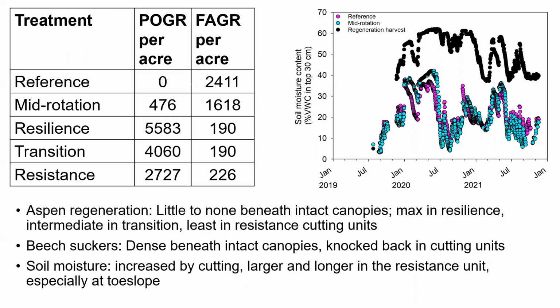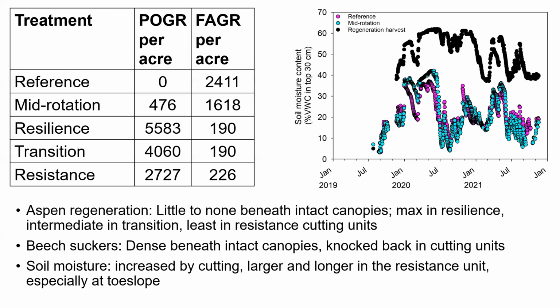So this again was 2 years after cutting was done. And we're looking at thousands of aspen of that sapling size class in the resistance, resilience, and transition treatments, and just hundreds in 40-year-old aspen stands, where these sapling aspen, so to speak, what those really are is just dying overtopped individuals that are on their way out due to self-thinning. And you can see that the operations in these cutting units, the resilience, transition, resistance, really knocked back that beech density as well.